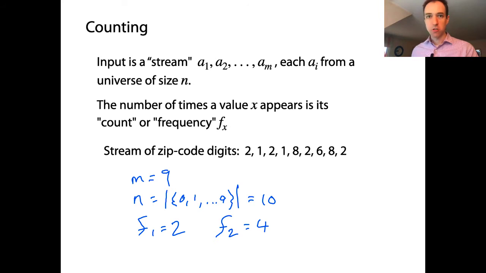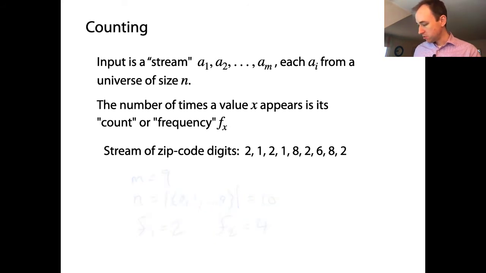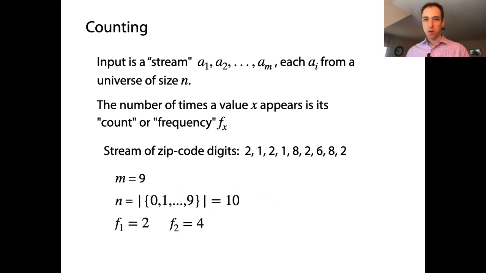Okay, so just a small example. Small data set, small universe, small frequencies. But of course, we're generally going to deal with very large data sets drawn from a large universe with potentially large frequencies. Let's describe this CountMin sketch data structure.